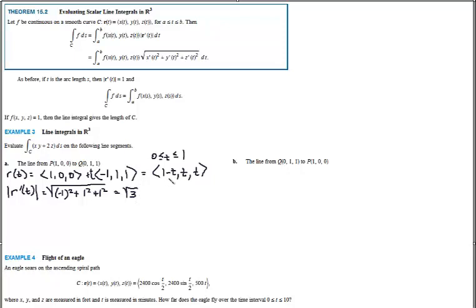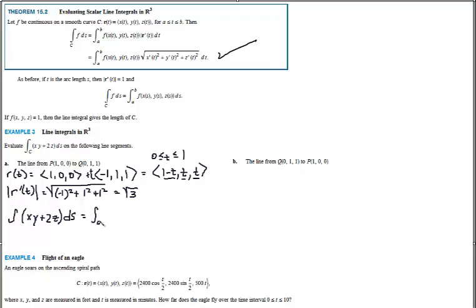Now we know this is our x, this is our y, and this is our z. In order to evaluate this, I'm going to do the integral of x y plus 2z with respect to s.